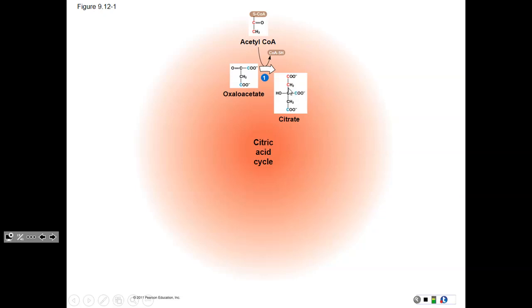We're going to take this high energy thing, and it's going to end up becoming a lower energy thing, ultimately back to being oxaloacetate that we can juice up by adding another acetate to and start the whole process over again. So again, I just want you to be mindful to notice the flow of the energy here. You're going from energy-rich things to less energy-rich things, and then you give them a kick to get them back up to an energy-rich level again so you can start the process one more time.